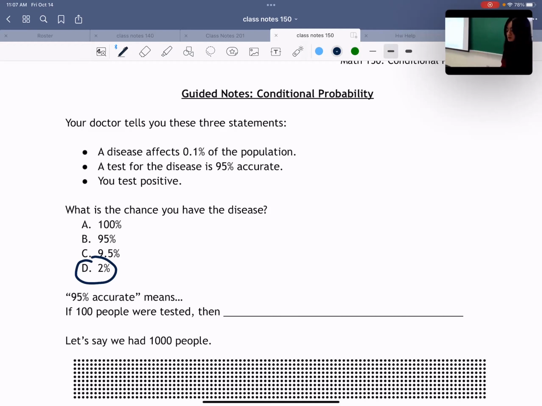So when I say 95% accurate, for example, when you take your COVID test or something like that and it says it has a percent accuracy, all this means is if I gave 100 people the test, it's 95% accurate, which means 5 people will be told they have the disease.